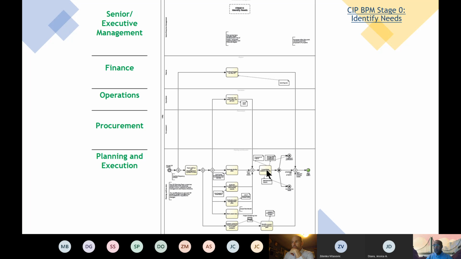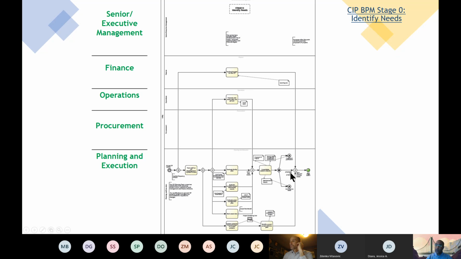Some may not have enough justification for a capital project, so we have to do more investigation, more study. Some don't qualify to be a capital project by the capitalization policy, so they have to be repaired or maintained by the operation and maintenance crew. The remaining will be documented in a spreadsheet, and they are submitted as proposed CIP projects.